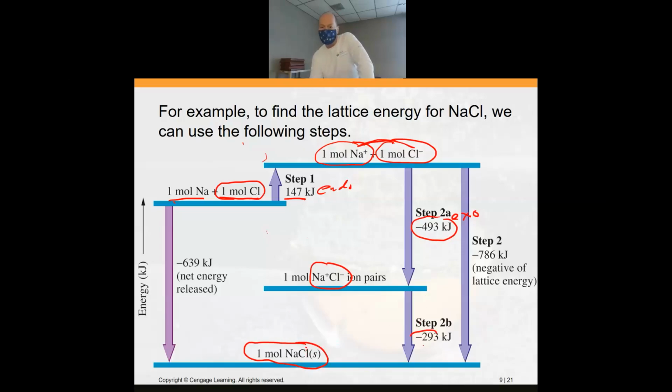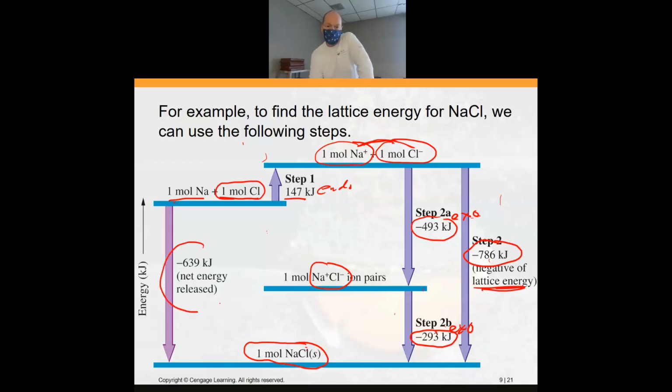It releases again 293 kilojoules. Again, that is exothermic. So when these two things make their ionic bond and form the solid, the total for step two is 786 kilojoules of exothermic reaction. And so that is the lattice energy.